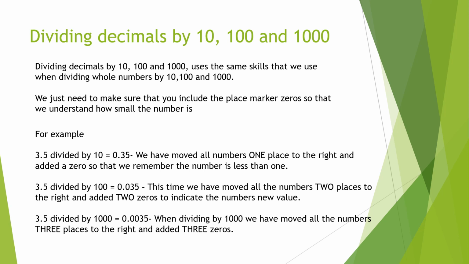Okay? And then again, if we were to take 3.5 and divide it by 1,000, we're moving 3 places. So you've guessed it, that number becomes 0.0035. Okay? Now, this is what we're looking at today.